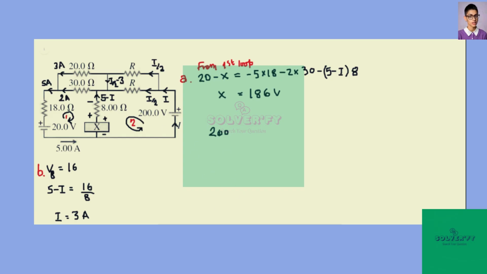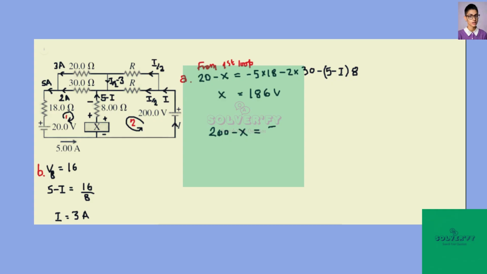For the second loop, let's begin with the 200 volts, and the other battery is x, which is also facing against the 200, so 200 minus x should be equal to the potential drop across R and 8.